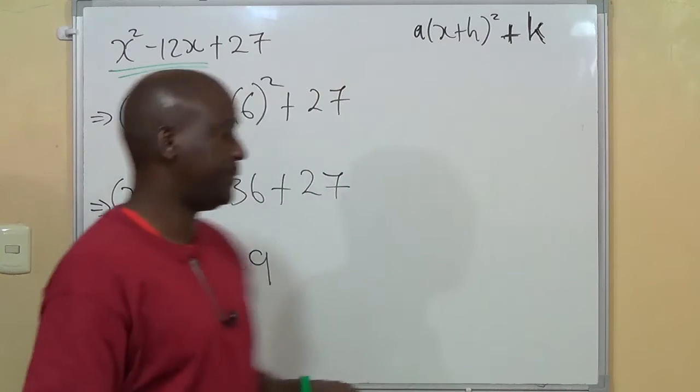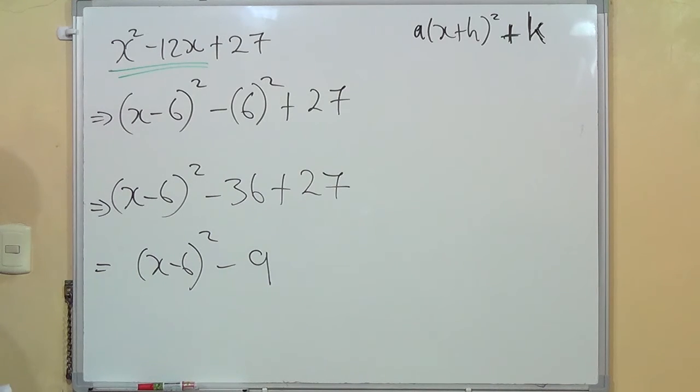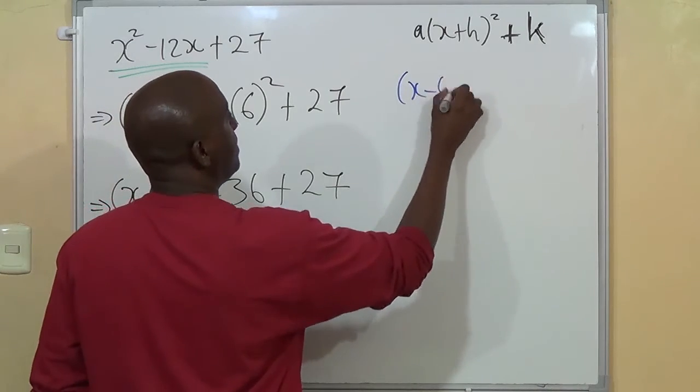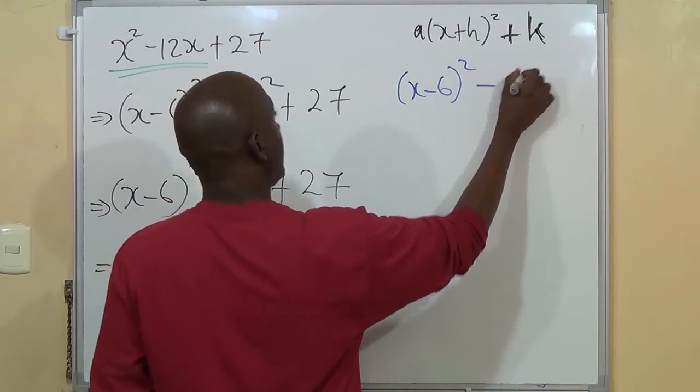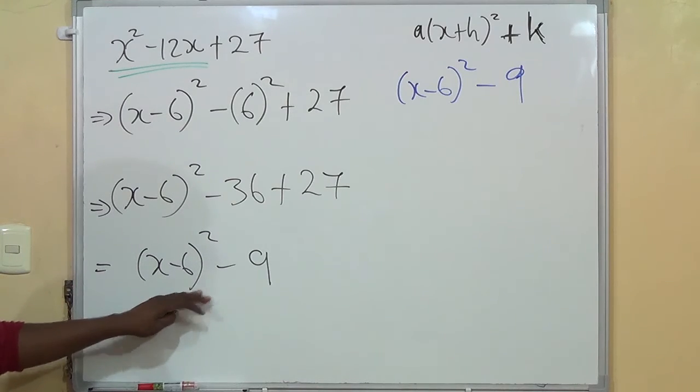Put your brackets. So again, if you want to work this backwards and see what we get, we take the same route that we took in the last question. We start off and we say, well, what will happen if I take x minus 6 all to be squared and take away 9 from it? Right, so we're starting back from here, starting from the bottom.